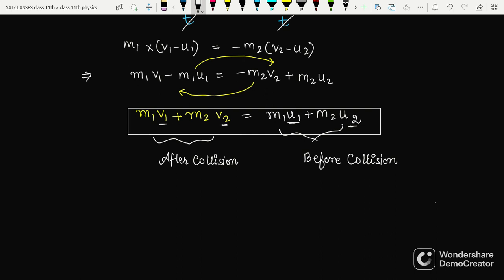You can easily see that before collision and after collision are equal. Since the two are equal, momentum is conserved.